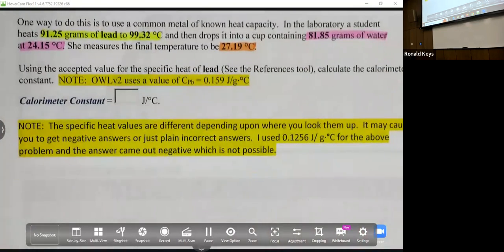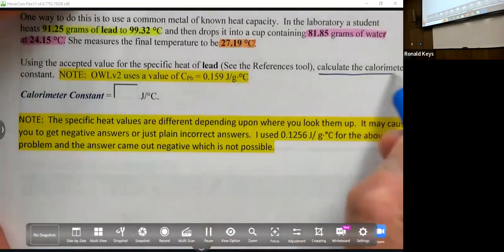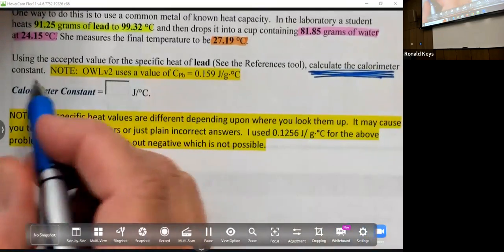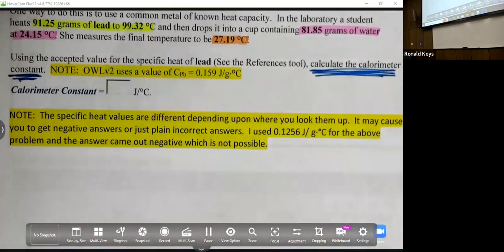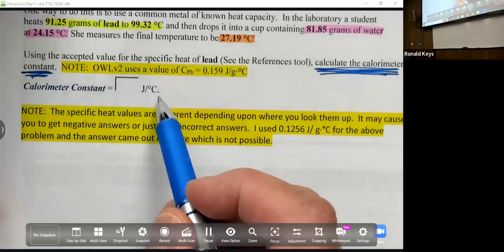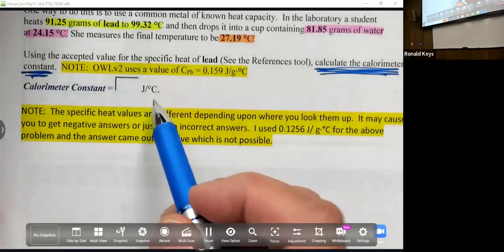What we want to do for this problem is calculate the calorimeter constant. And notice it's in joules per degree Celsius. Mass is not in here again, right? Mass is not in here.